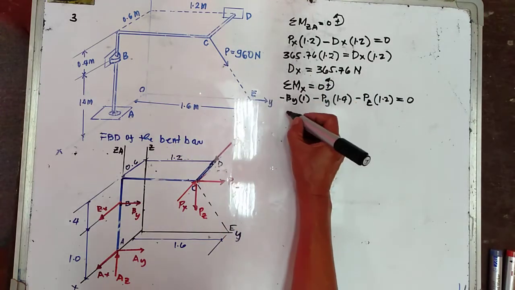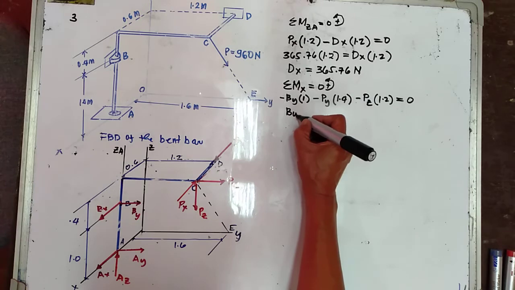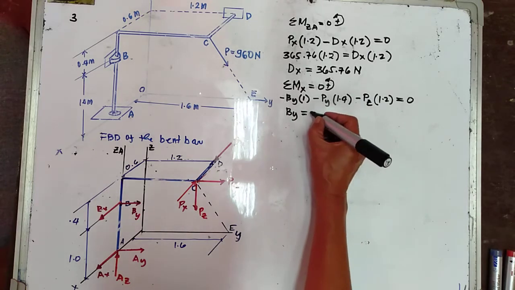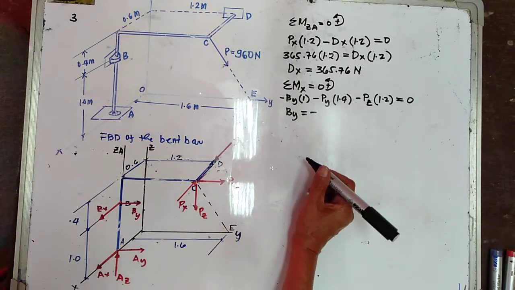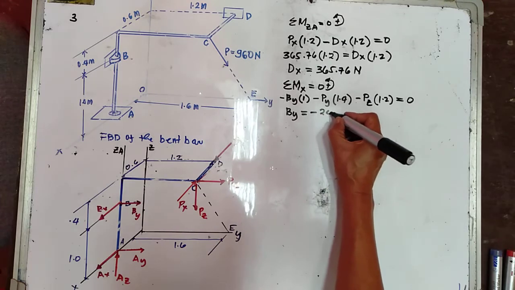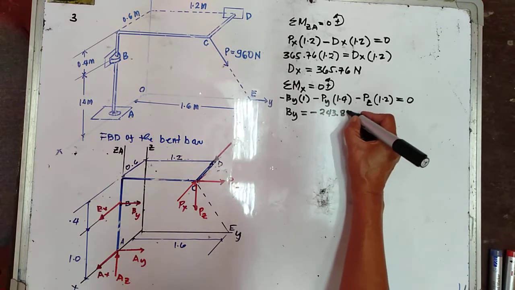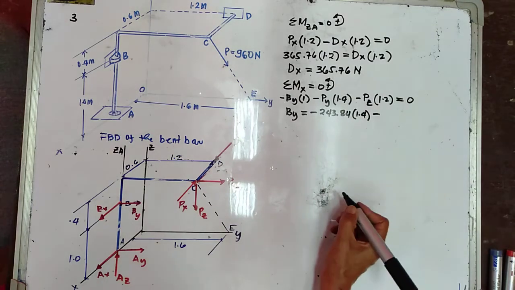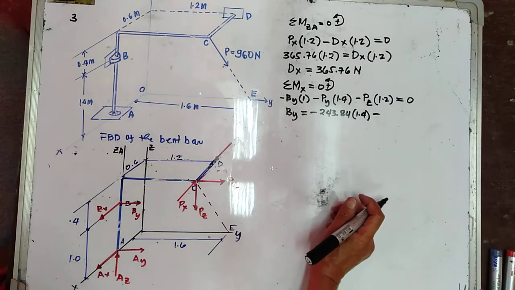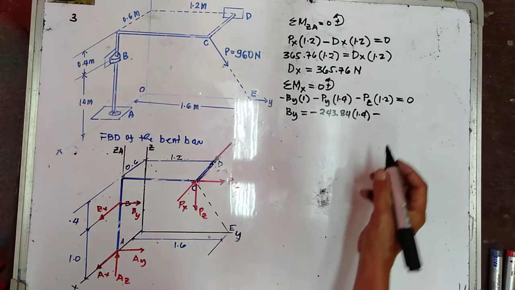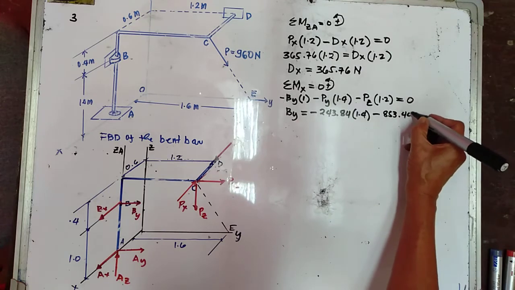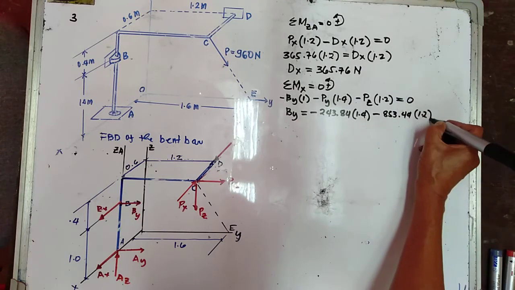So by, transpose that to the other side of the equation, is now equal to negative py. And the value of py is 243.84. Multiply this one by 1.4. Minus pz, and pz is 853.44, by 1.2.